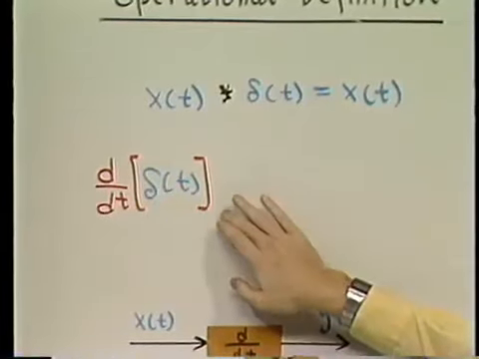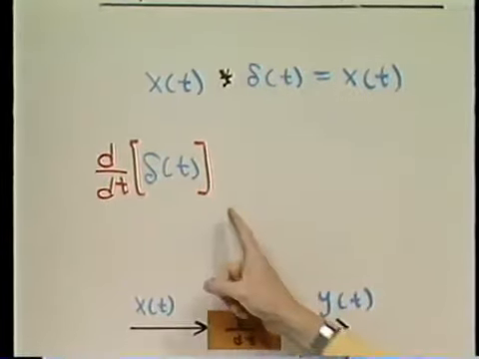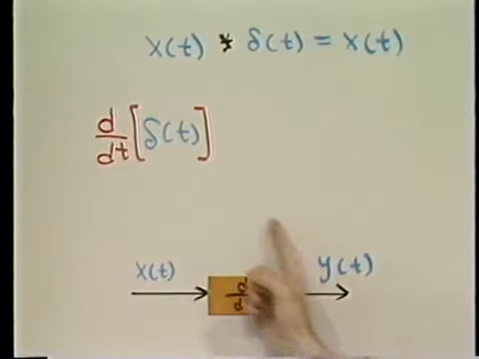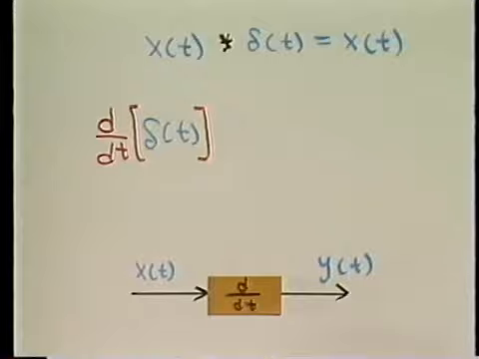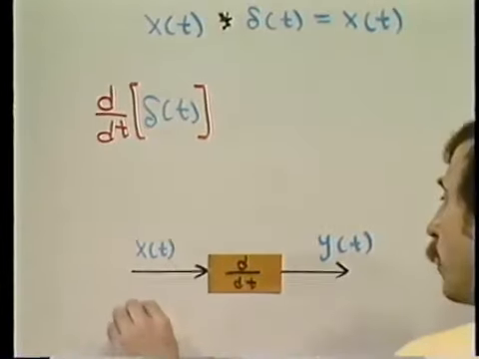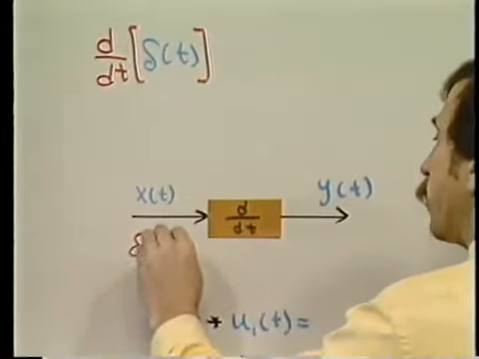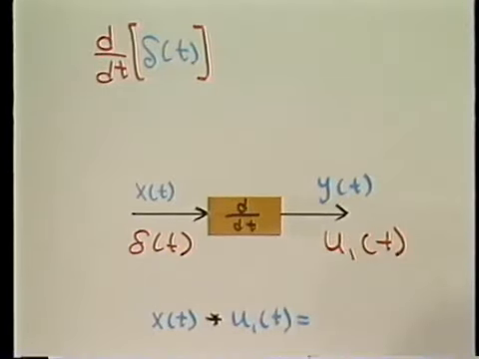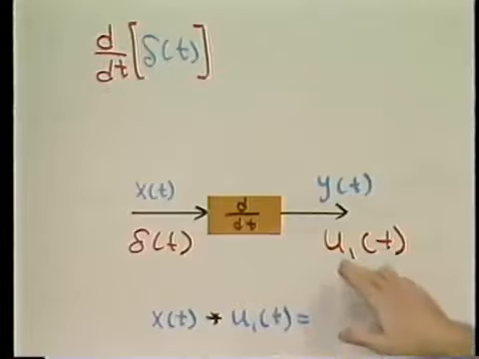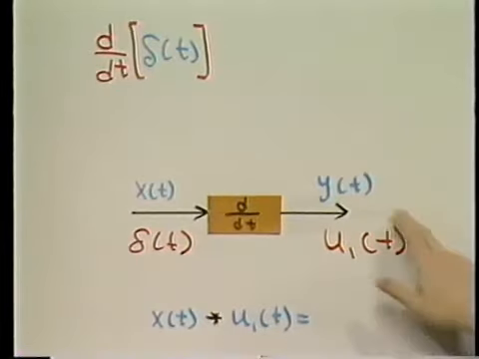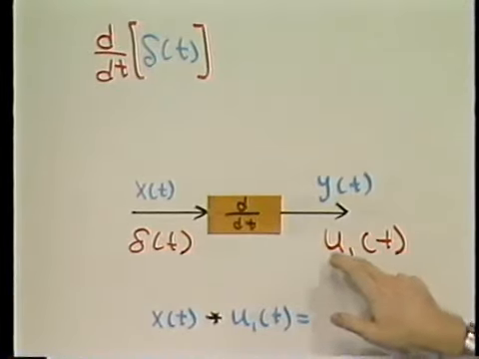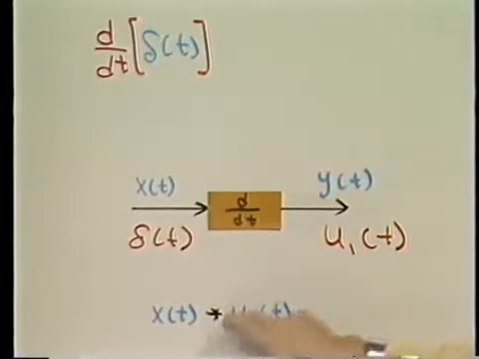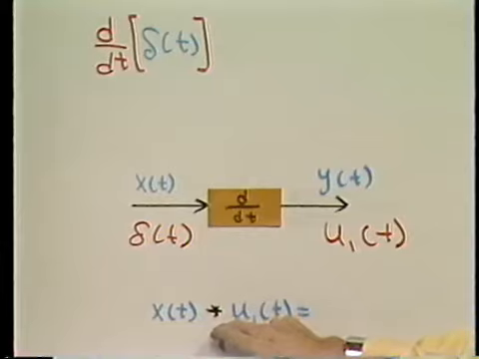Well, what we ask about is what it is operationally. And so if we have a system which is a differentiator, and we inquire about its impulse response, which let's say we define notationally as u sub 1 of t, what's important about this function u sub 1 of t is not what it is at each value of time, but what it does under convolution.